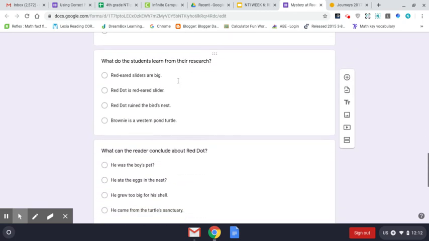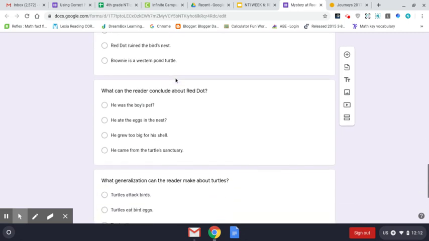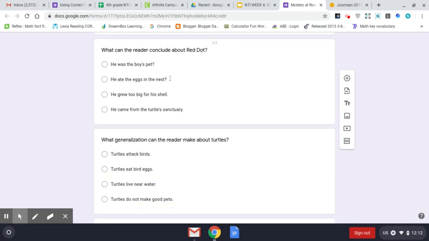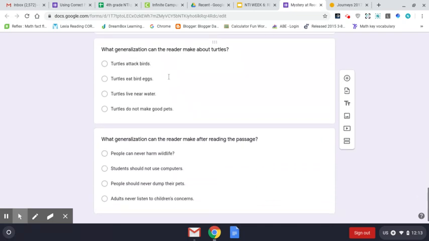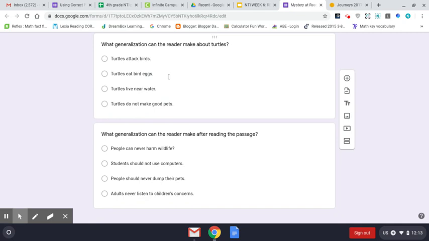What do the students learn from their research? What can the reader conclude about Red Dot? What can the reader figure out about Red Dot based upon evidence from the passage? And then the last two questions are about generalizations. Remember, generalizations are conclusions that a person can come up with, but they're very broad.